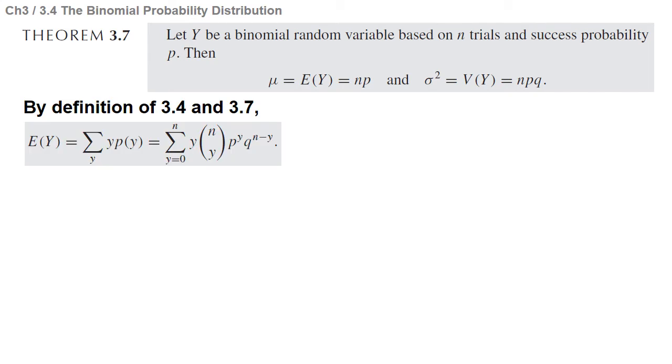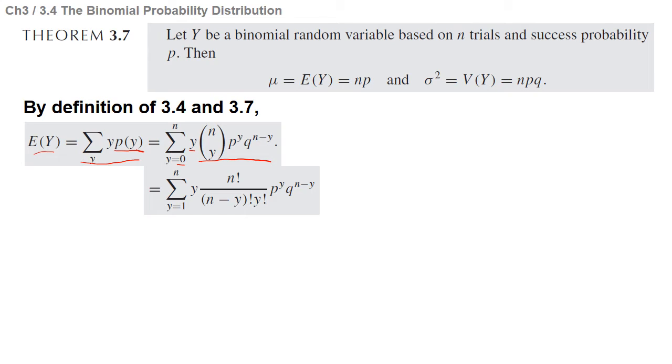By definition of 3.4 and 3.7, the expectation of y is defined this way, and the probability p(y) for the binomial distribution can be represented as this. And from here, when y equals 0, the part inside is 0, so the summation can start from 1 to n.